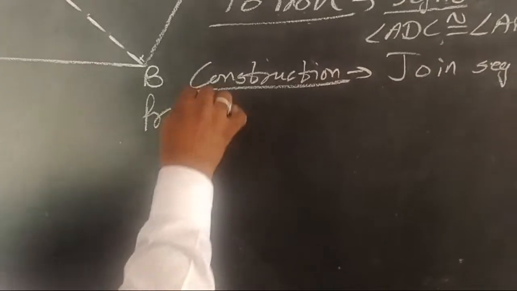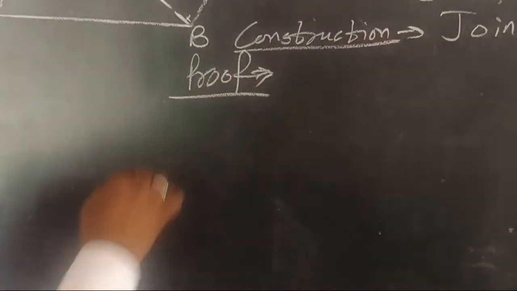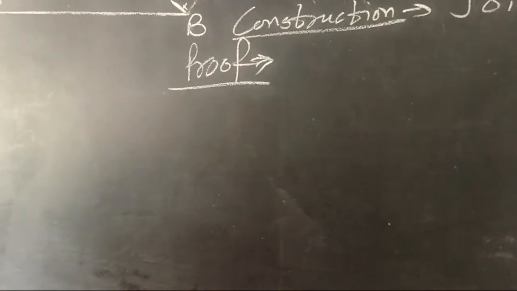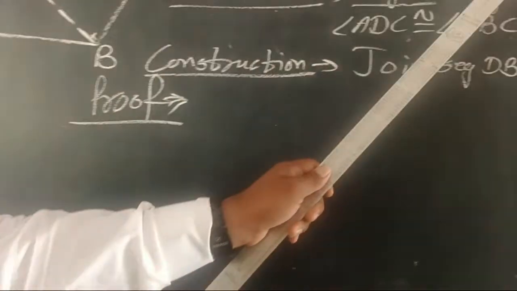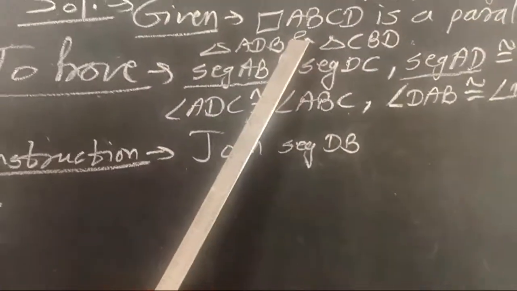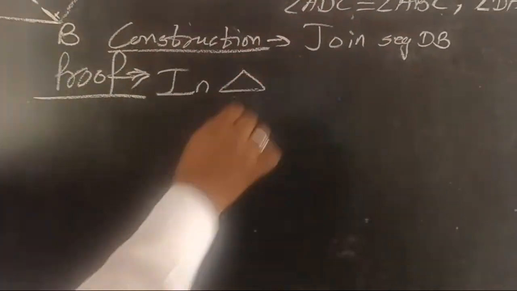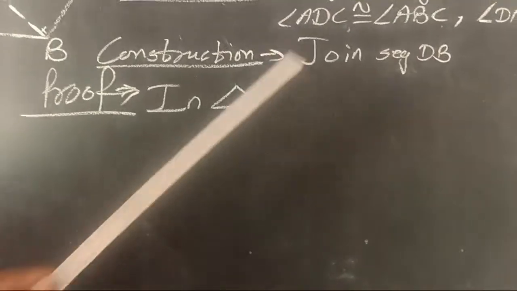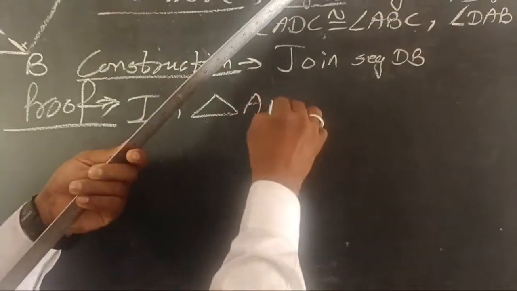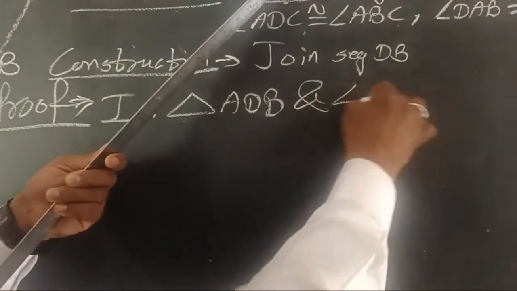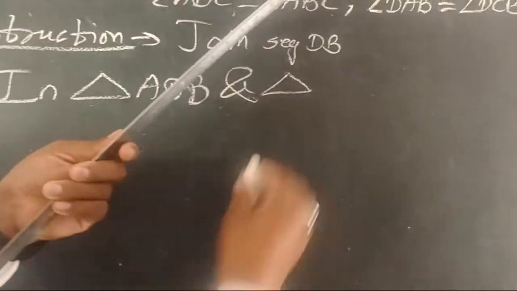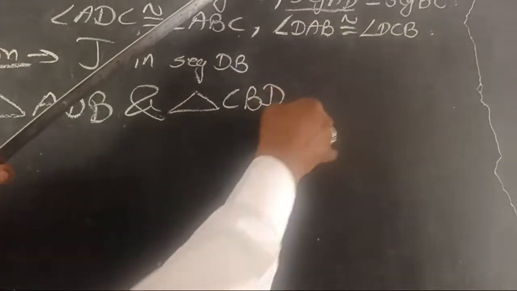Then in the proof, we show these two triangles congruent: in triangle ADB, correct, and triangle CBD.